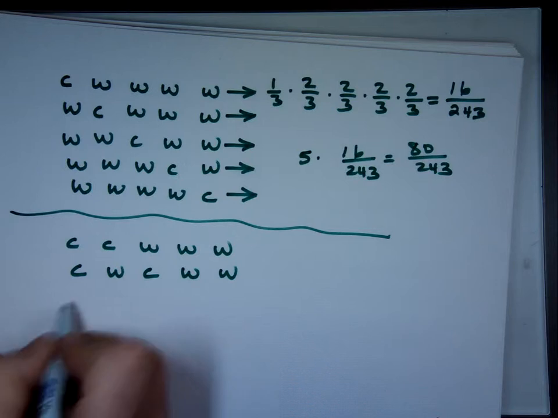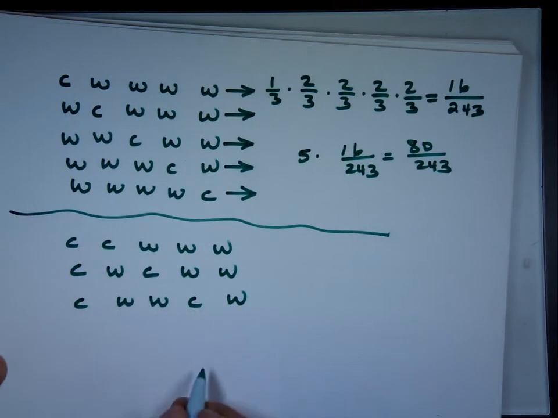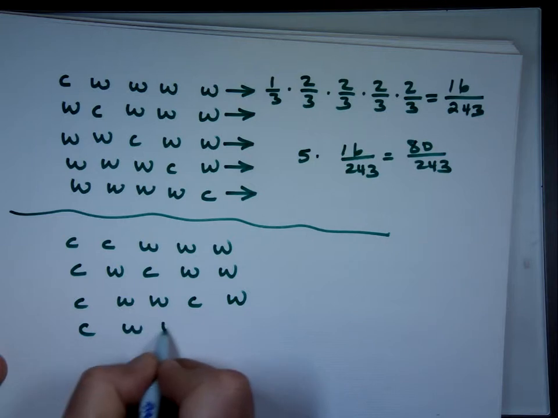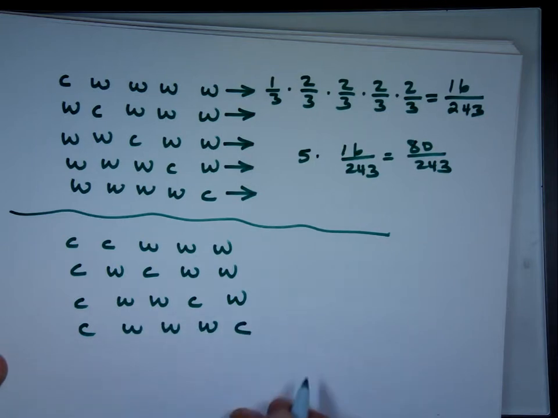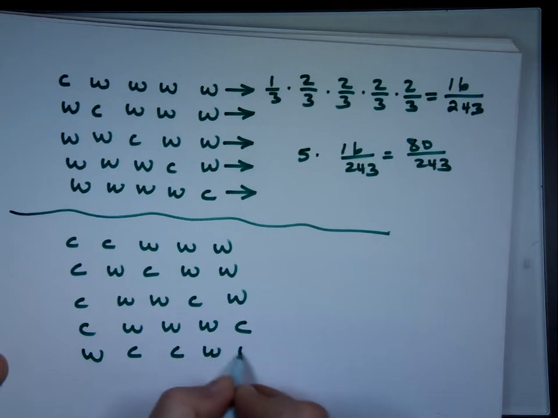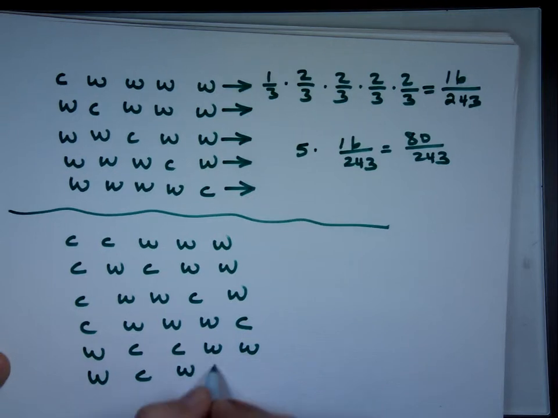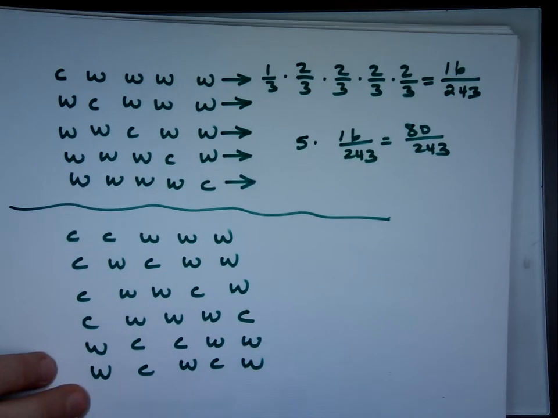Could be this way. Could be that one. Could be this one. Could be this one. That's 2 correct answers. Could be this one.